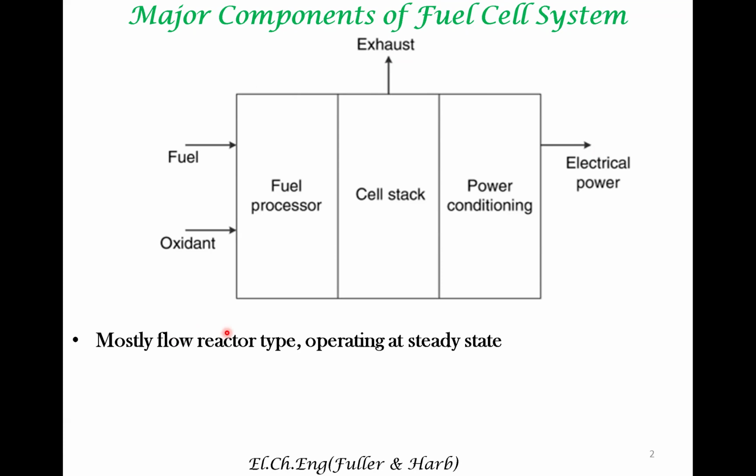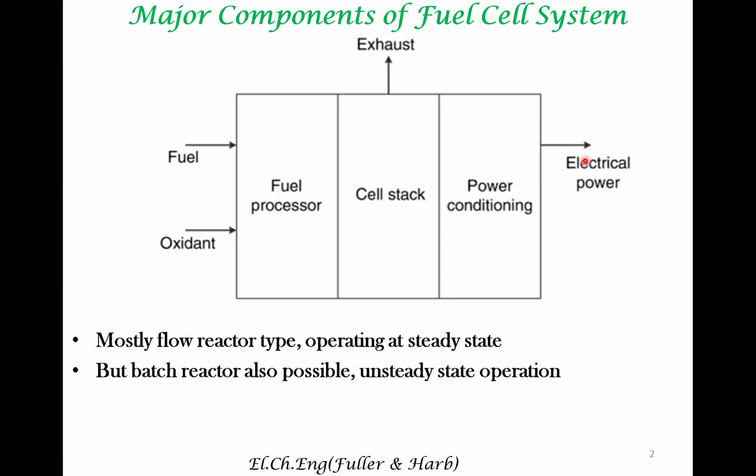These tend to operate at steady state. As long as the fuel is supplied and oxidant is supplied, there will be an exhaust and a steady supply of electrical power. In contrast to this flow reactor type of operation, we can also have a batch reactor.